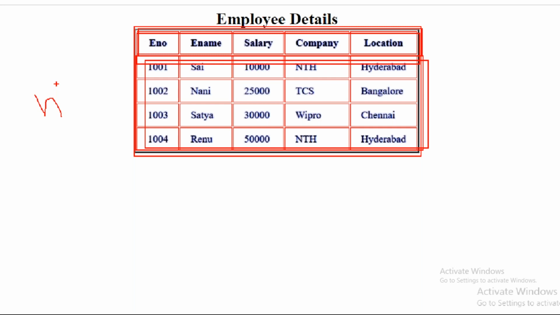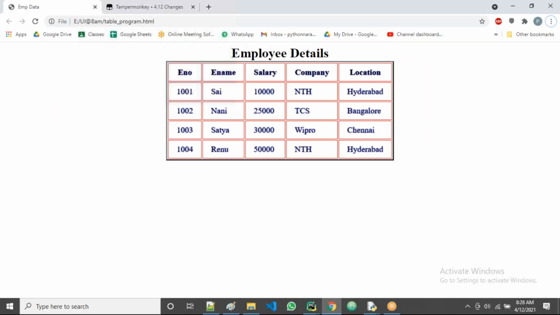Which boxes, guys? Let me know. All of you reply. Everybody give reply, guys. Does it apply for entire table level or T head level, T body level, or row level, or TH TD level?